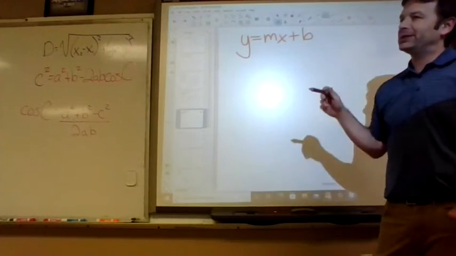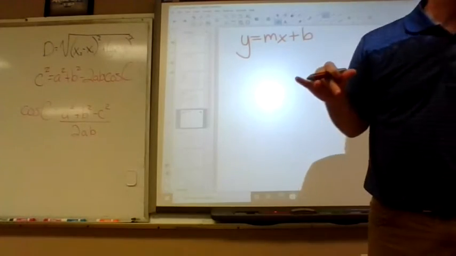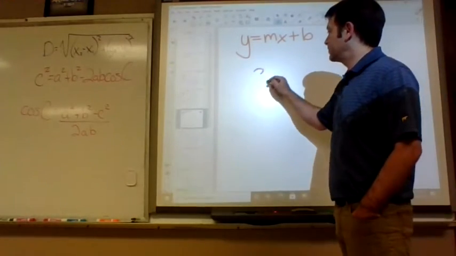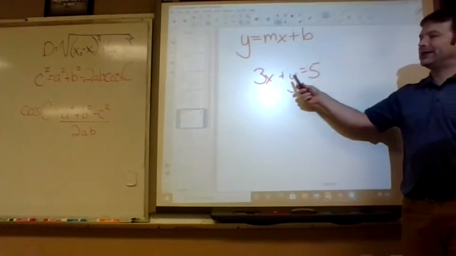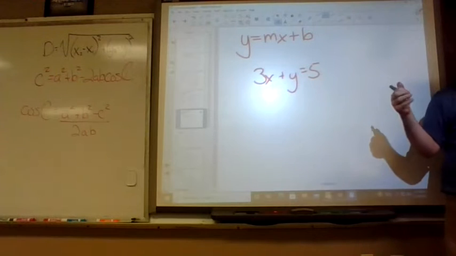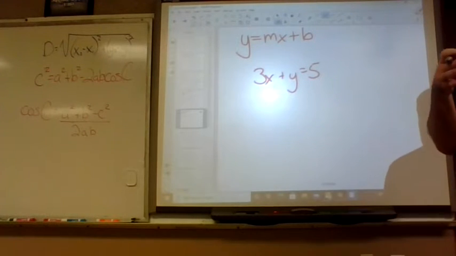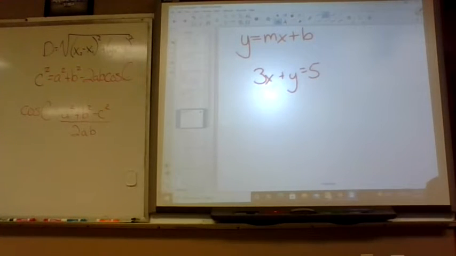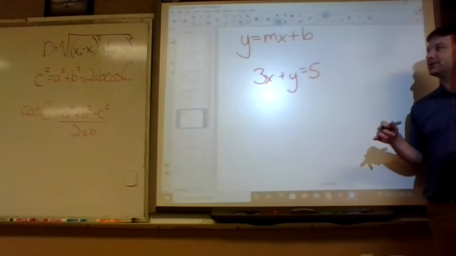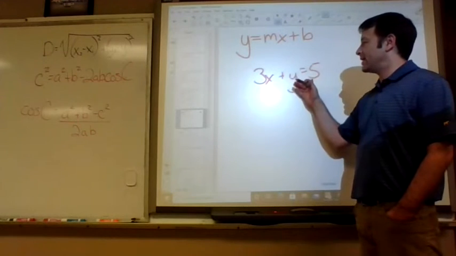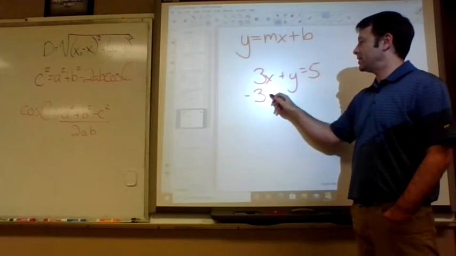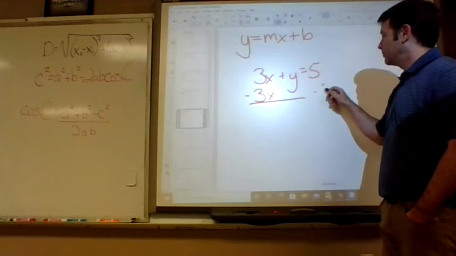To change standard form, 3x plus y equals 5, into slope-intercept form, you basically have to solve for y. You got to get y by itself. So how do I get y by itself? Subtract 3x. 3x is added to y, so I have to take 3x away from both sides.